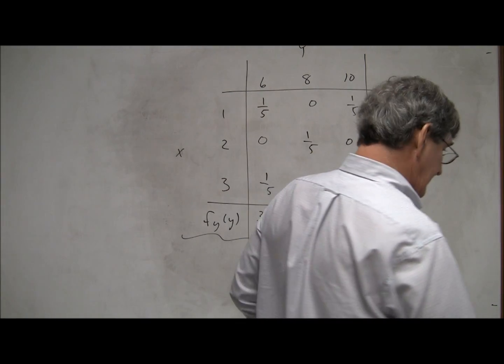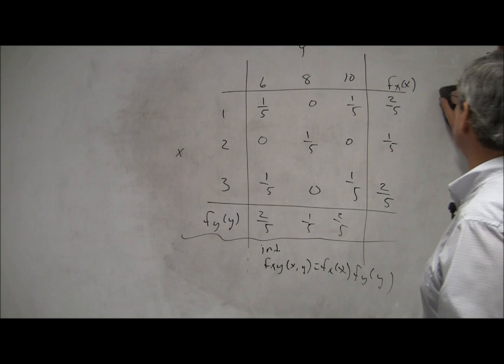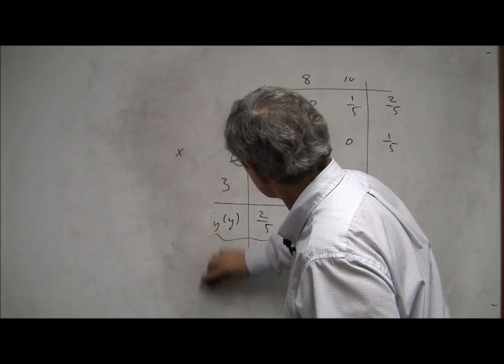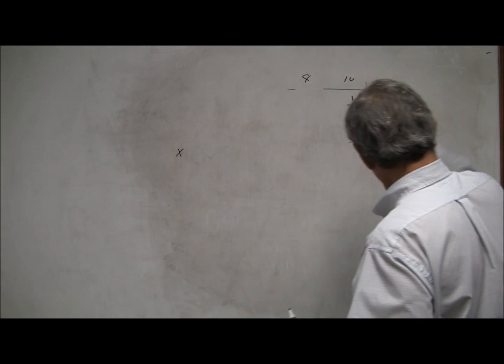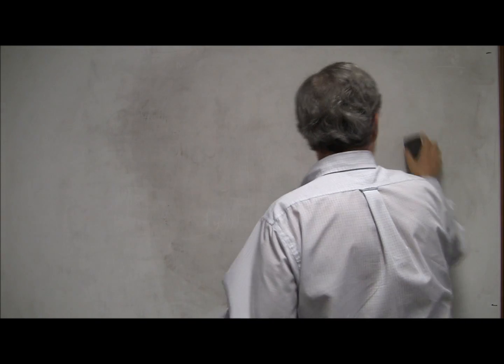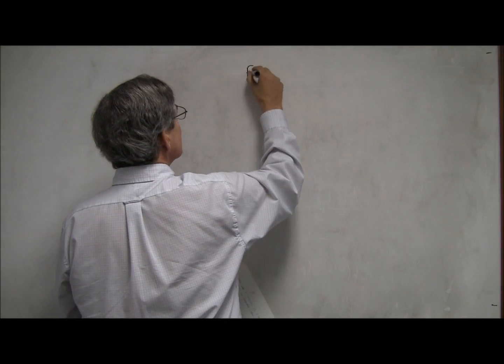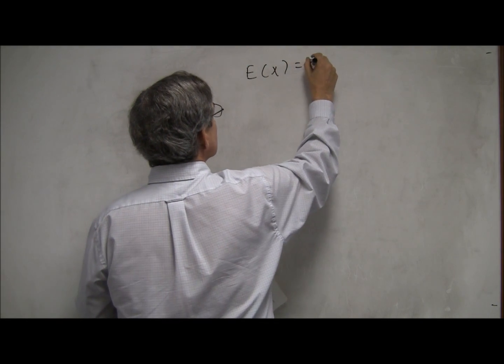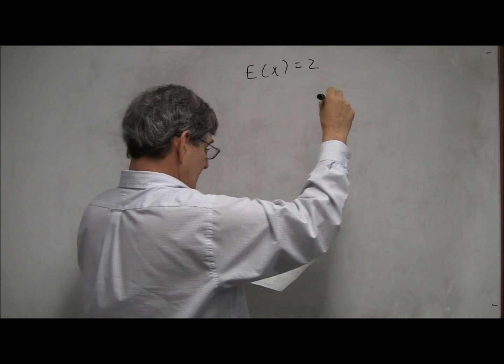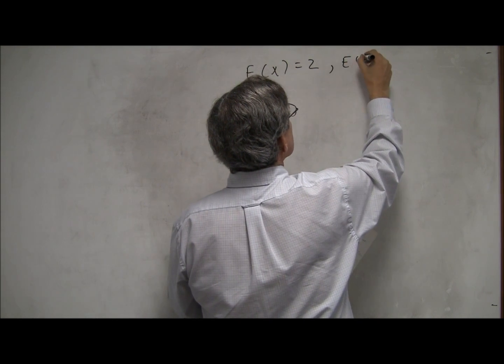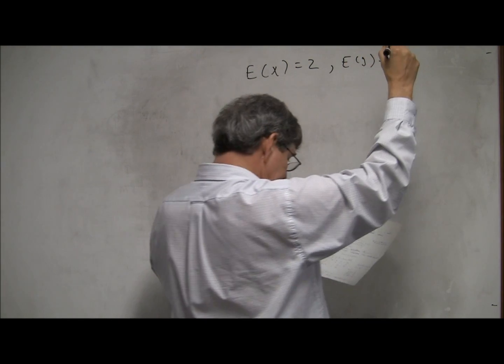But I'm going to have to erase, I'm sorry. In this thing, if you look at the expected value of x, it's equal to 2. The expected value of y is equal to 8.